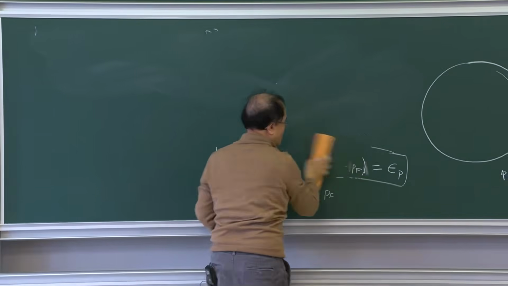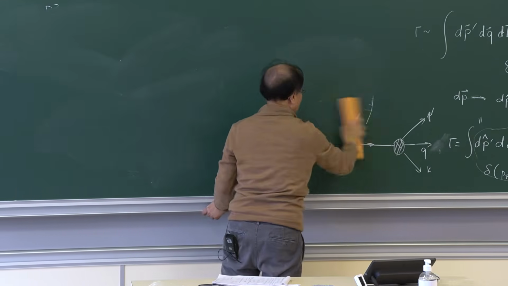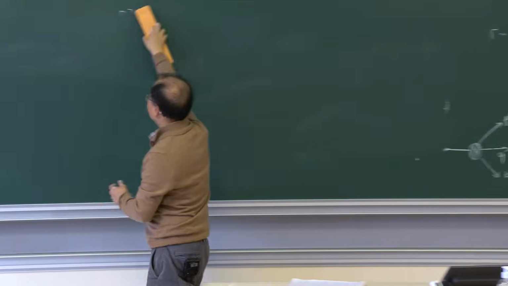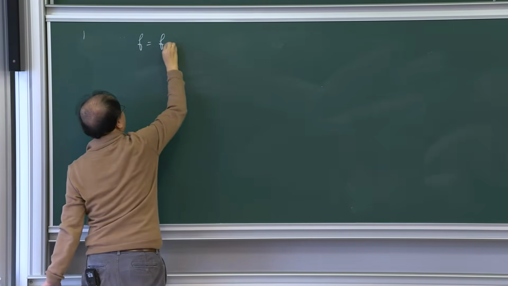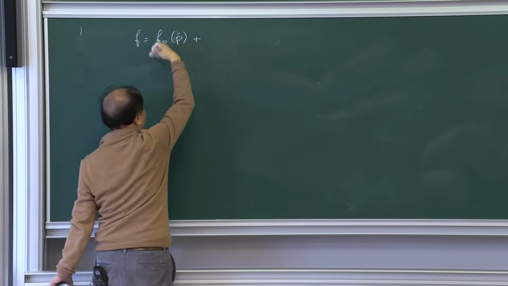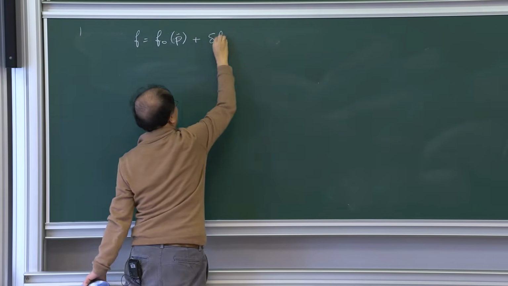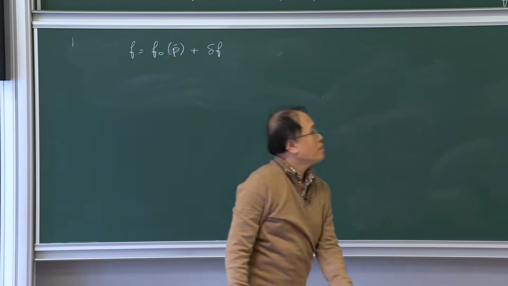The way one would compute the retarded propagator is through solving the linearized equation written there. So let me linearize f. f is f0 plus delta f, where f0 doesn't depend on x, only on p. It's just the zero temperature step function.